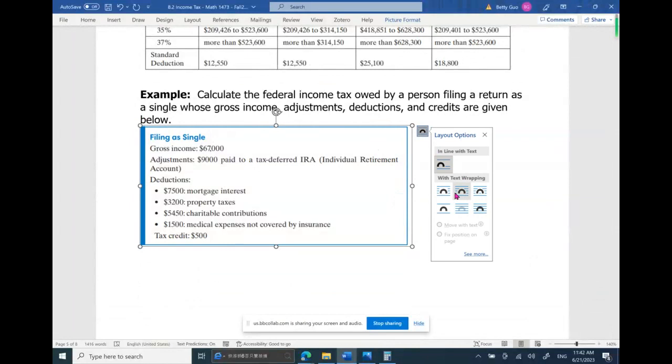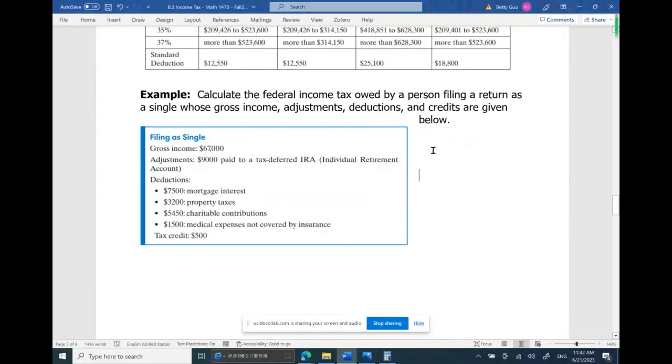Let's start from the gross income. The gross income is given, $67,000. And what about AGI?